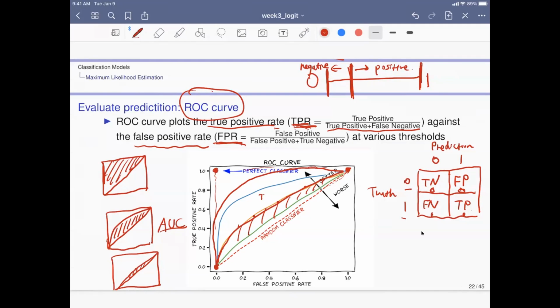Like 80%, or 90% and above? It depends. There's no absolute standard for R squared. Sometimes a 0.1 R squared is good, sometimes it's bad. It depends on the scenario. But I would say whenever the AUC is positive, it means that the prediction is still useful.